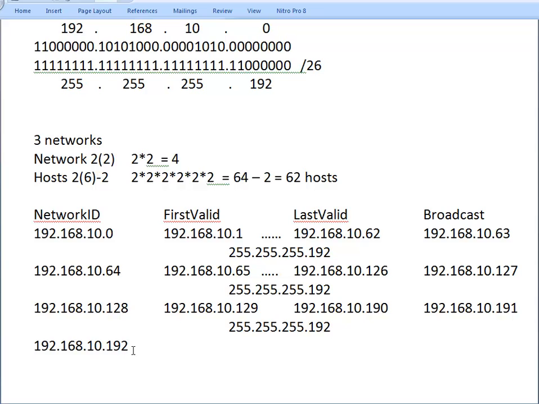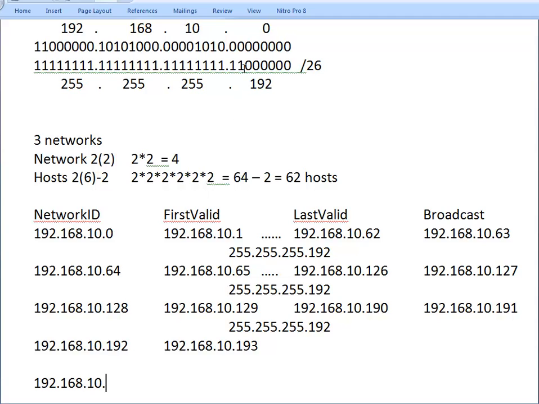For the fourth network, the first valid address is the network ID plus 1, so 192.168.10.193. To find the last valid and the broadcast address, it's better to find the next network ID. We write down the same, 192.168.10.